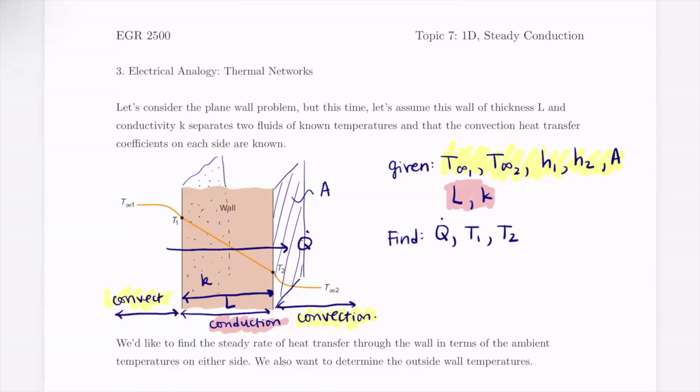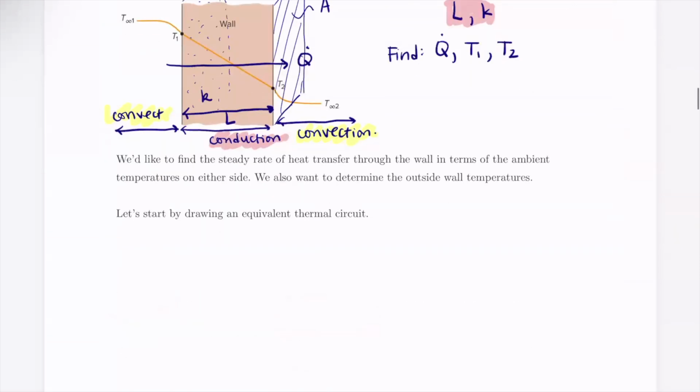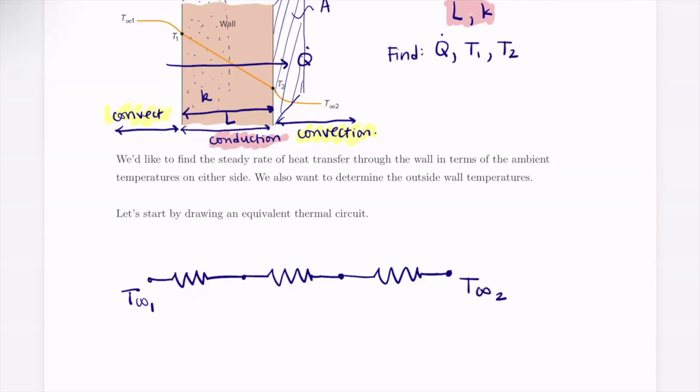Let's start by drawing an equivalent thermal circuit. We are going to string this together. We have 3 different thermal resistances in this problem, and 4 nodes where we know the temperatures. Working from left to right, on the far left we have our ambient temperature T infinity 1, and on the far right we have our ambient temperature T infinity 2. The first resistance that we encounter is the thermal resistance of our convection.